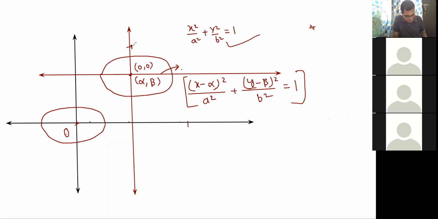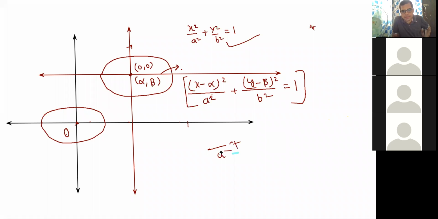प्रभु जी यहाँ पे मतलब हम वो x लिखेंगे या फिर कैपिटल X लिखेंगे? नहीं, ये ओरिजिनल x है, ये अकॉर्डिंग टू ओरिजिनल x है ना. कैपिटल x के हिसाब से तो ये इक्वेशन हो जाएगी कैपिटल x स्क्वायर बाई a स्क्वायर प्लस कैपिटल y स्क्वायर बाई b स्क्वायर is equal to 1. Okay.